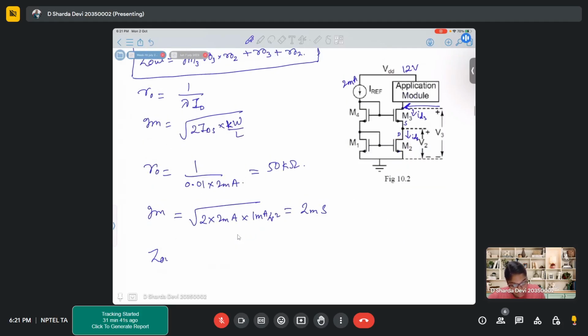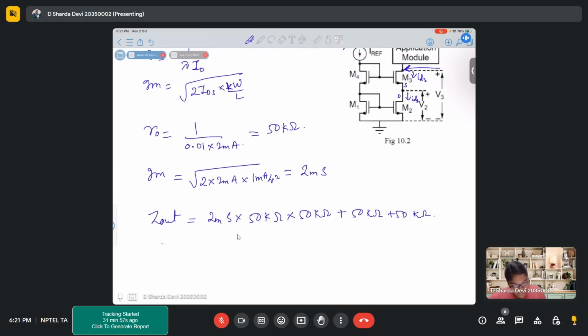So Z out will turn out to be 2 millisiemens into 50 kilo ohms into 50 kilo ohms plus 50 kilo ohm plus 50 kilo ohm. So milli and kilo cancel, 100 kilo ohm into 100 kilo ohm plus 100 kilo ohms.